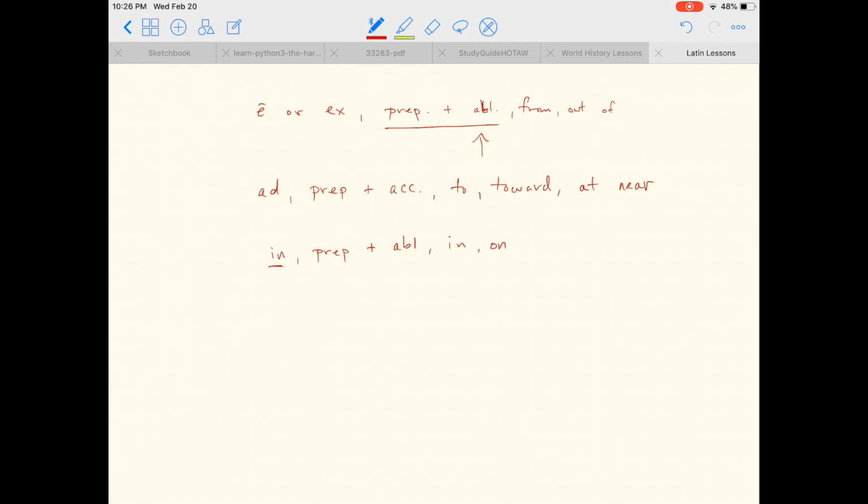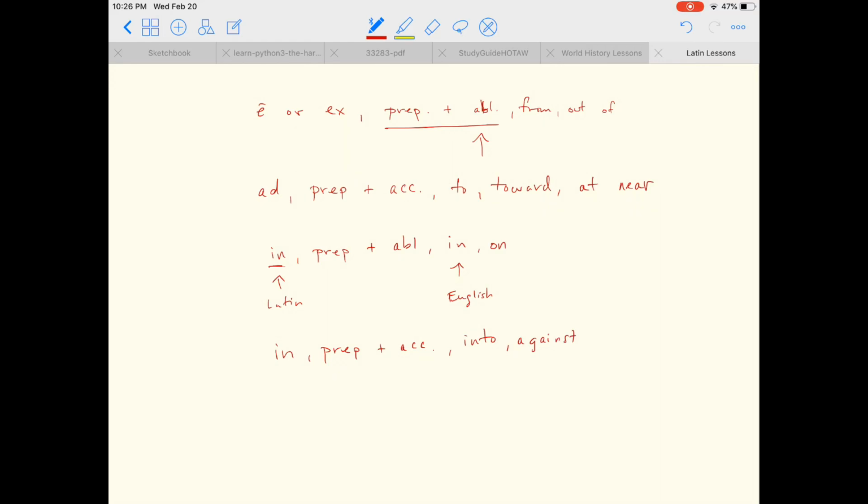This is easy to get confused, but this is the Latin, which is the same word as in English, right? But then there's another use of in, which we also see on 293 in the glossary, that takes the accusative case. But when it takes the accusative case, it means into or against.